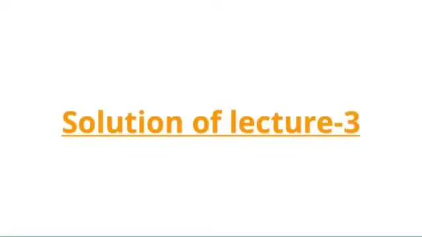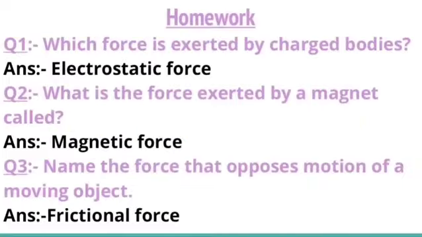Now we will discuss the solution of lecture number 3. Question number 1 was which force is exerted by charged bodies? So the answer is electrostatic force. Electrostatic force is a force exerted by a charged body on another charged or another uncharged body.